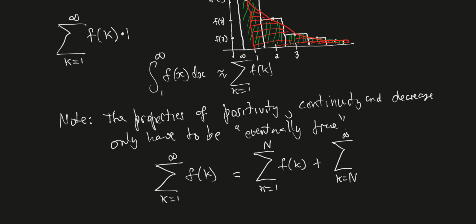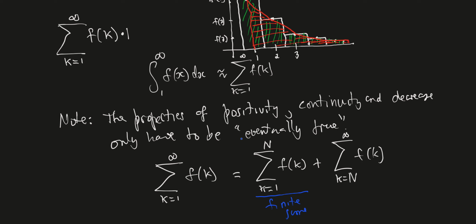Kind of like how you can split up an integral into the sum of two integrals, integrating from a to b and then b to c. But no matter how big my big N is, this part is always finite, because it's a positive integer. It might be big, but this is a finite sum. If you're adding up a finite set of numbers, it will always be a number at the end. So this will always converge.